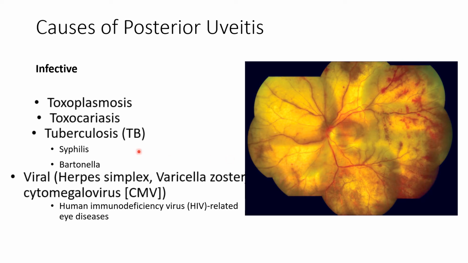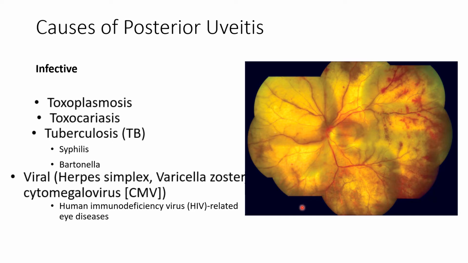Now I'm not going to discuss syphilis and Bartonella because these are rare diseases now. Coming to other infective causes which are more common are herpes simplex, varicella zoster and cytomegalovirus. And this is a patient in whom we have retinitis caused by herpes simplex virus, and these viruses basically cause a huge amount of damage to the retina, and we can see the retina is grossly inflamed.